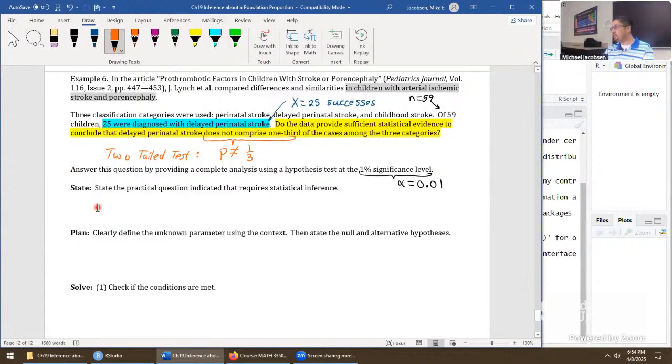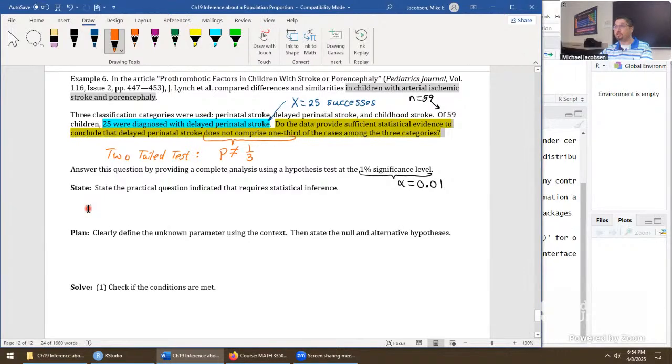Any volunteers for a statement of the practical question on this one? Absolutely. I'm glad you mentioned that. Just as a good reminder, as was suggested in class, you don't have to write this in yourself. You have options.